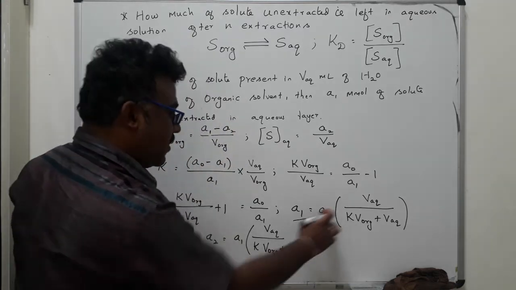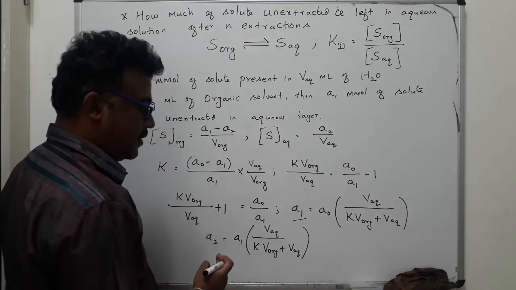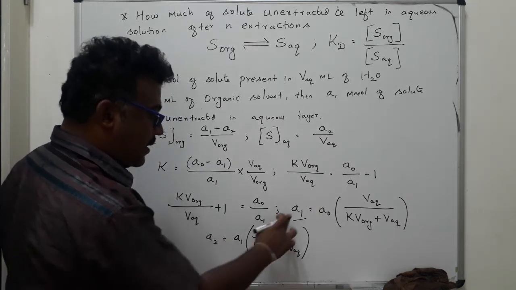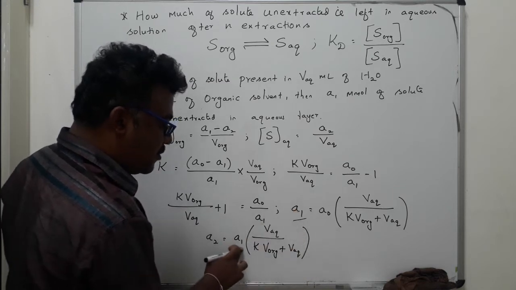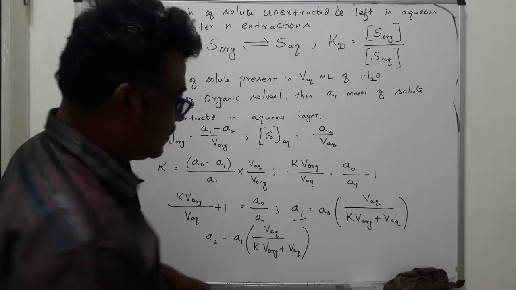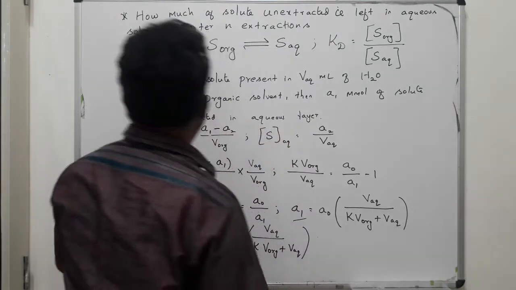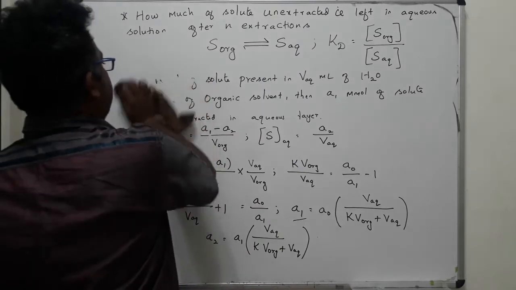So you can see this equation. When you see this equation, if you substitute, what happened? A1 you know already, so if you substitute it here, then you can get the equation.